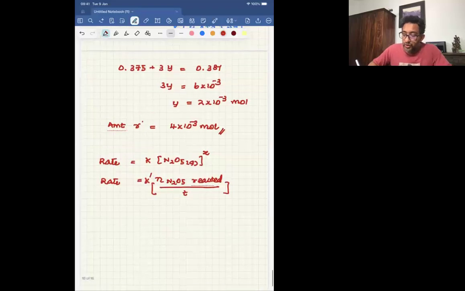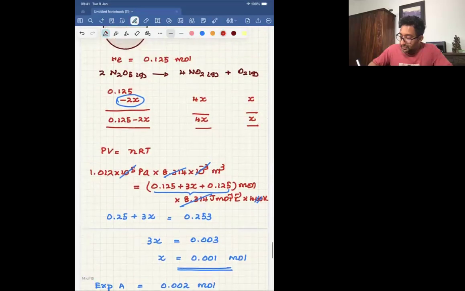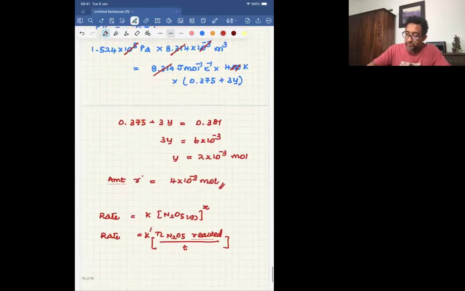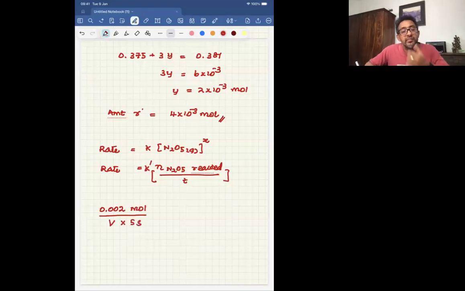So the number of moles of N2O5 reacted in the first case is 0.002. So 0.002 moles divided by volume multiplied by 5 seconds. Rate, moles over volume.